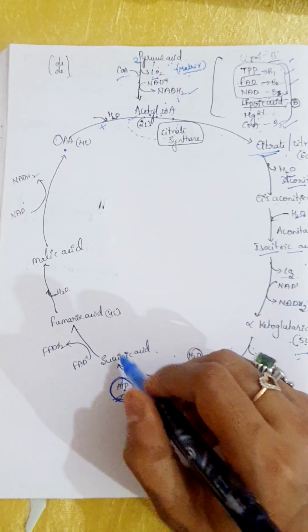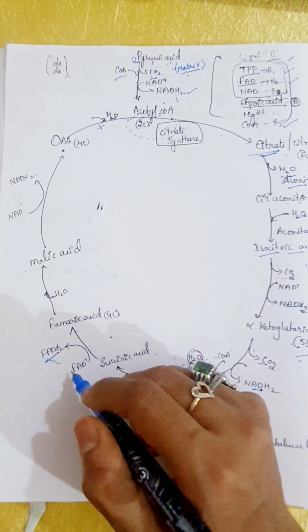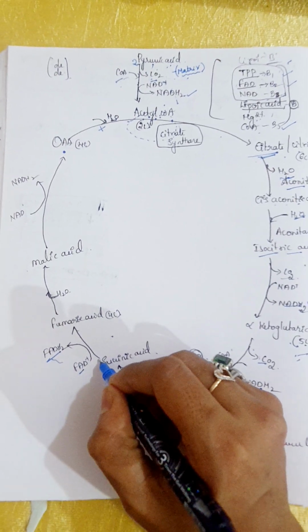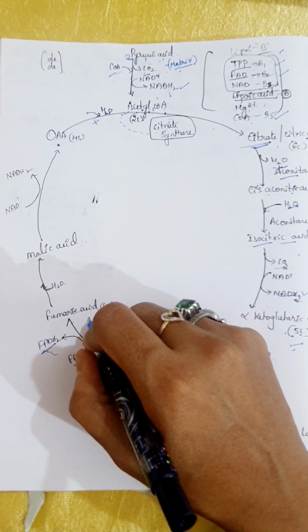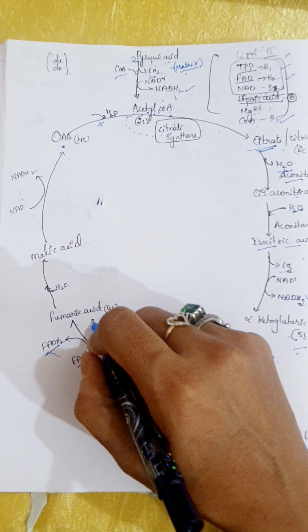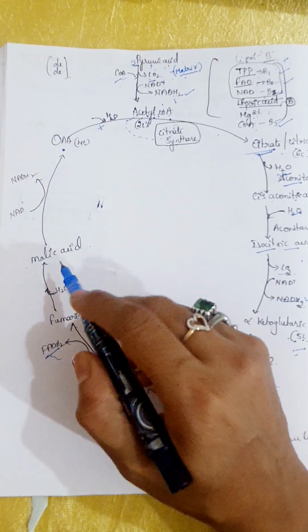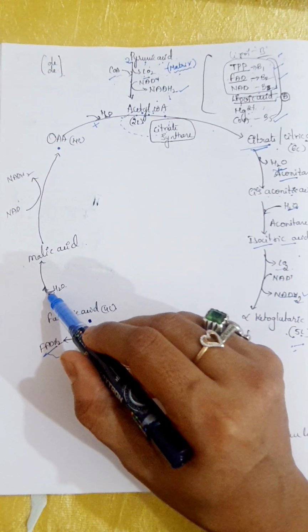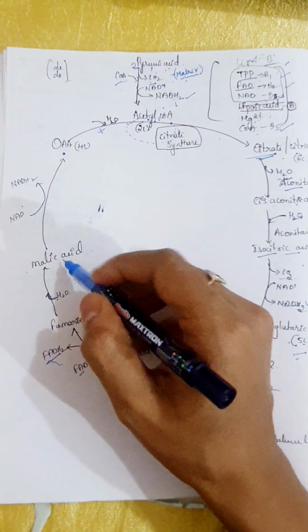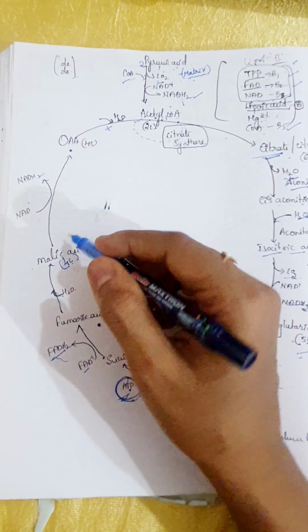Then succinic acid, with the help of succinic dehydrogenase, forms FADH2. Here malonic acid acts as a competitive inhibitor of succinic dehydrogenase. Then fumaric acid undergoes hydration, with entry of a water molecule, and becomes malic acid, which is also a 4 carbon compound.